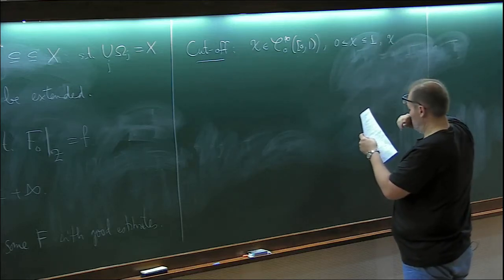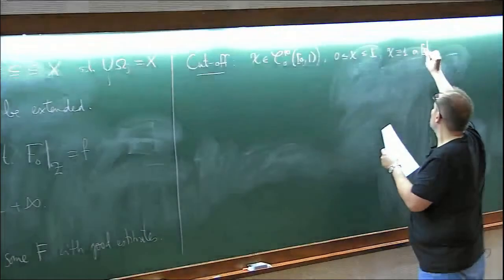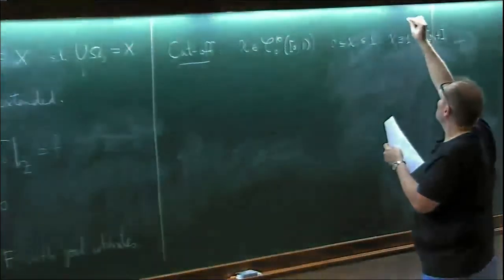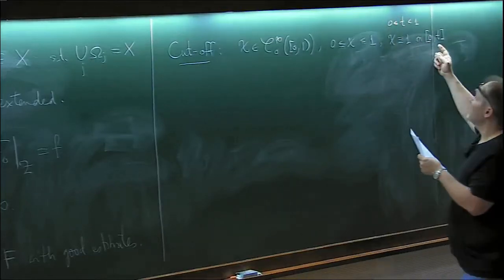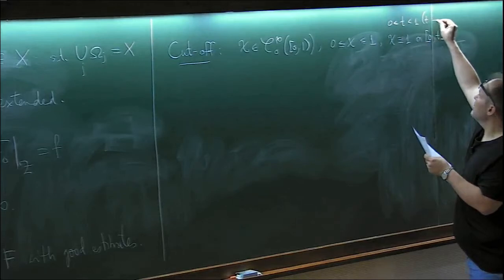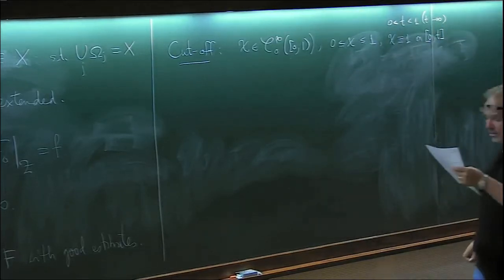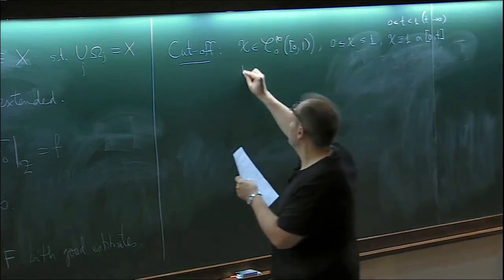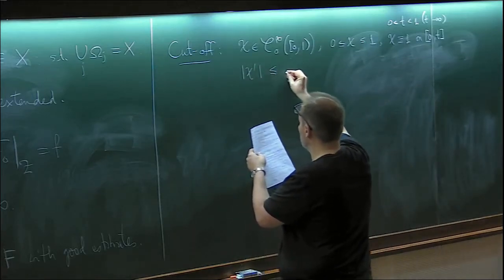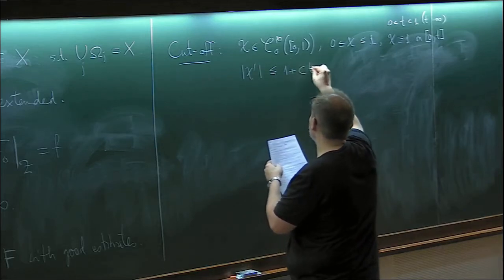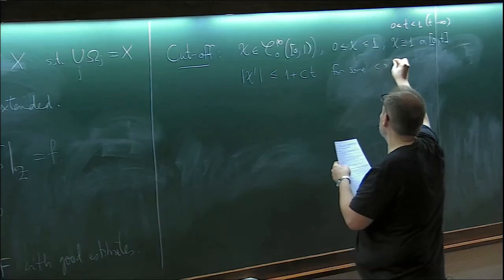So χ should be identically 1 on some interval [0,t], where this number t is some number less than 1. Eventually, I'm going to let t go to 0. And then I want the derivative χ' to be bounded by 1 plus c times t, for some constant c, which will have to be bigger than 1.